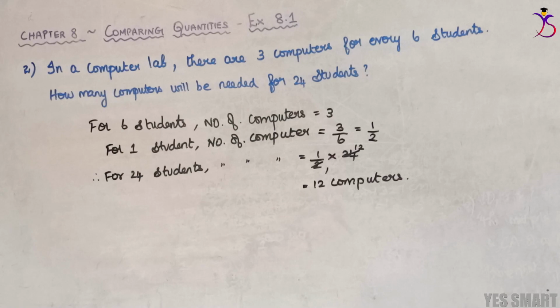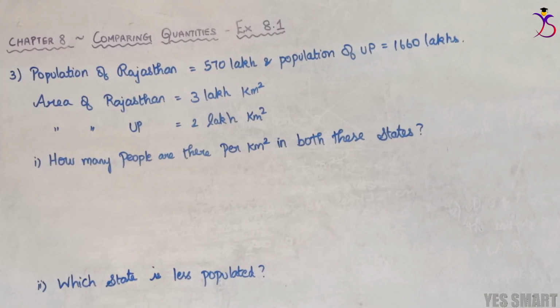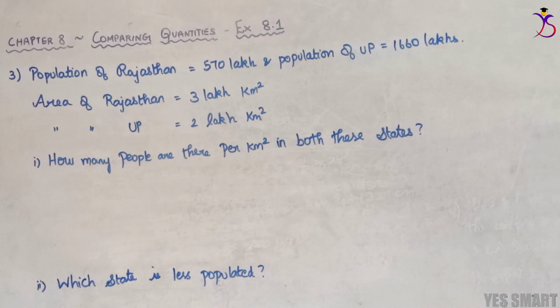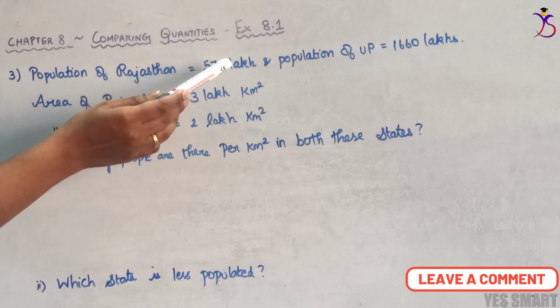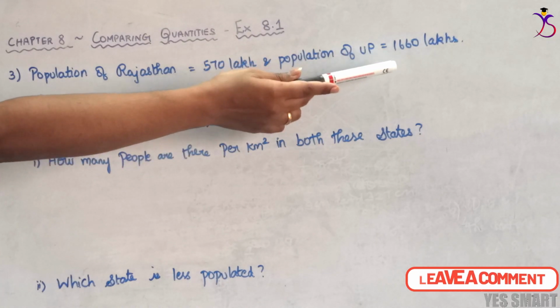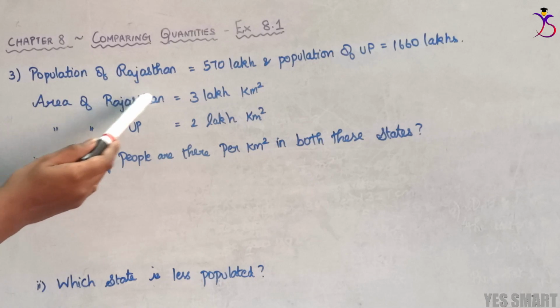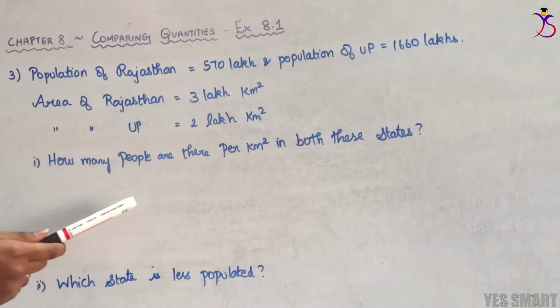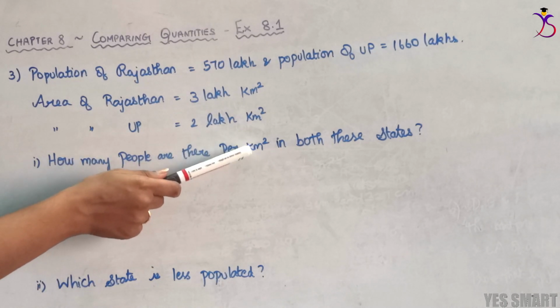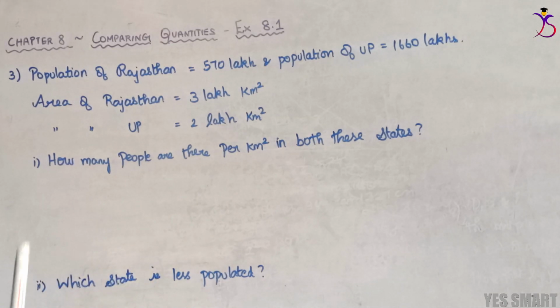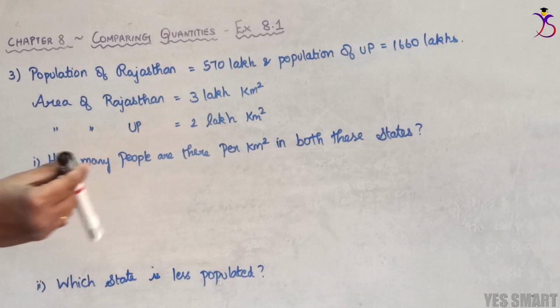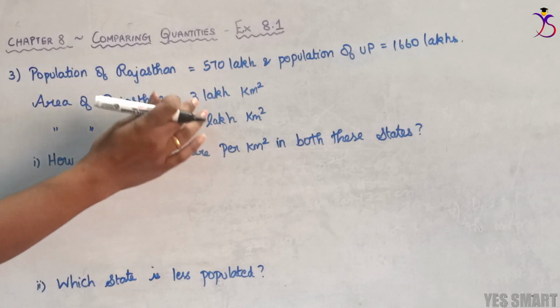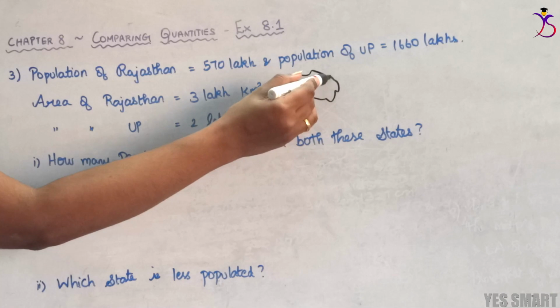Now let's discuss the last sum. Third sum. Population of Rajasthan equals 570 lakh and population of Uttar Pradesh is 1660 lakh. Area of Rajasthan is 3 lakh kilometer square. Area of Uttar Pradesh is 2 lakh kilometer square. Now first subdivision. How many people are there per kilometer square in both these states? That is, the area of Rajasthan is given as 3 lakh. Let's assume that something like this is the area of Rajasthan, which is 3 lakh kilometer square.